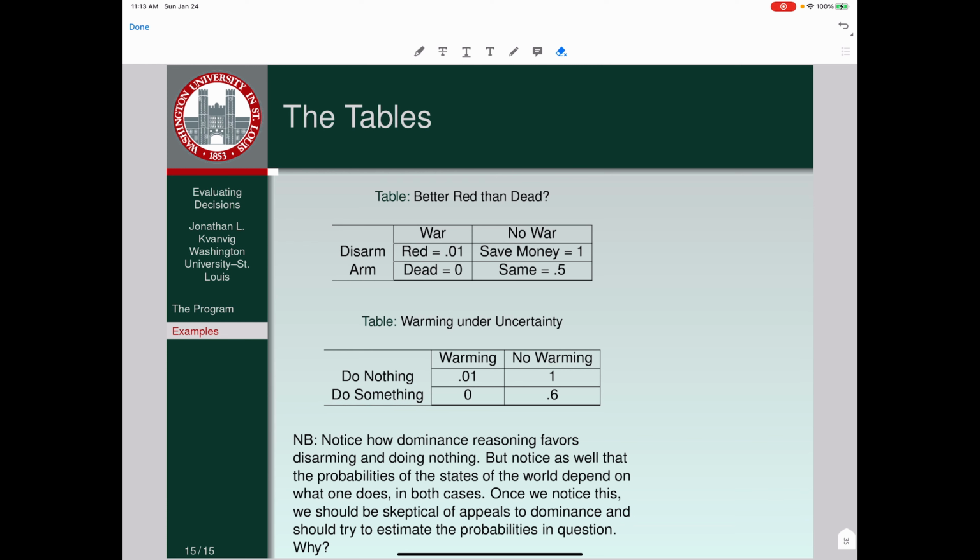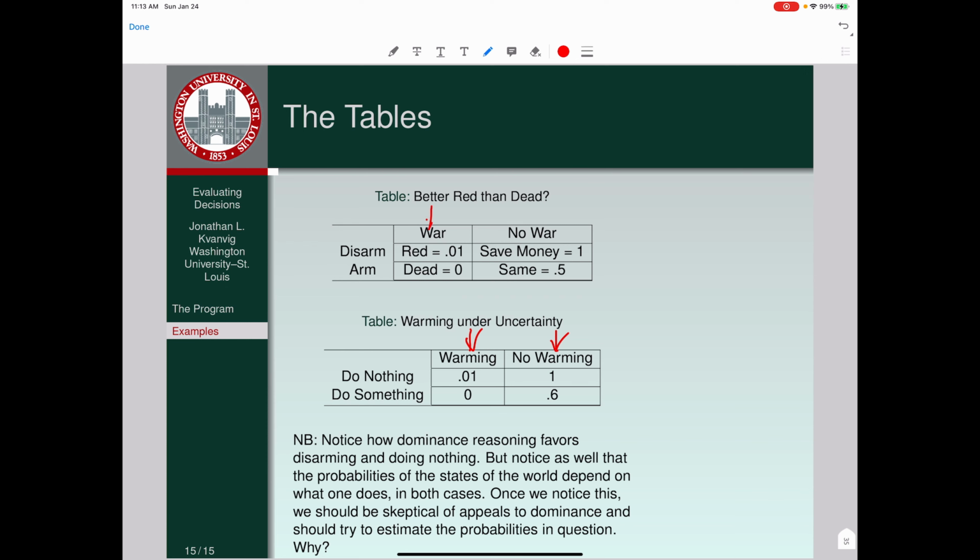So you have 2 decision matrices, and notice what dominance reasoning does for you here. You don't need to know anything about the probabilities or anything like that, because dominance says doing nothing if warming occurs dominates doing something, and doing nothing if no warming will occur also dominates doing something.